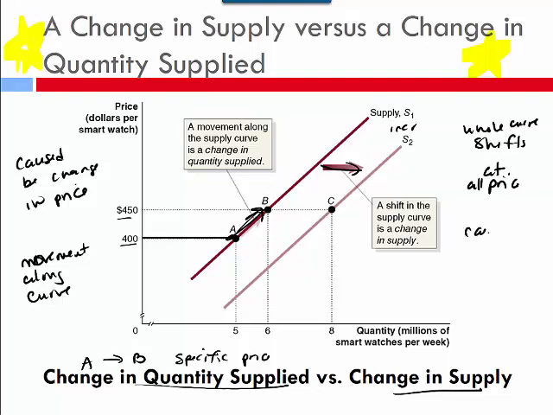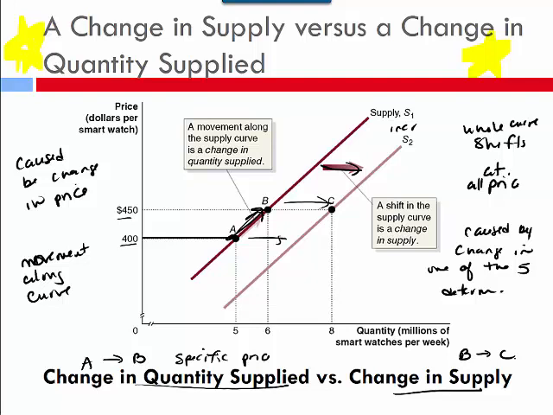And this is caused by a change in one of the 5 determinants of supply that we just talked about. So at every price point we shift over here, and so this is a move from B to C. Okay? So it's very similar to the way it worked in demand.